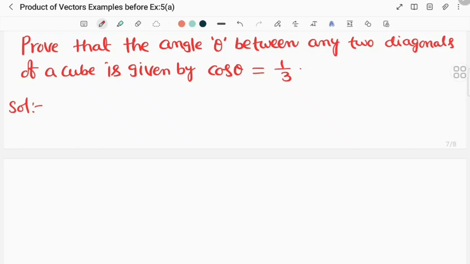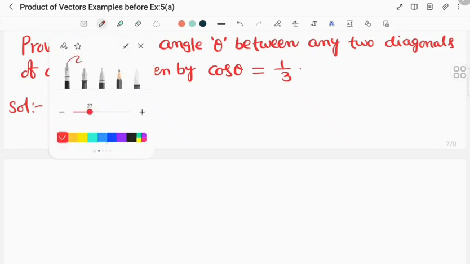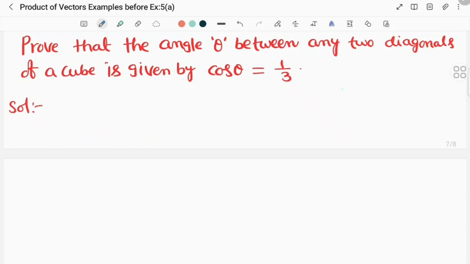So here they did not mention any vertices and all. Consider a unit cube without loss of generality. Why we are taking a unit cube? Because it is easy to calculate, dear students.